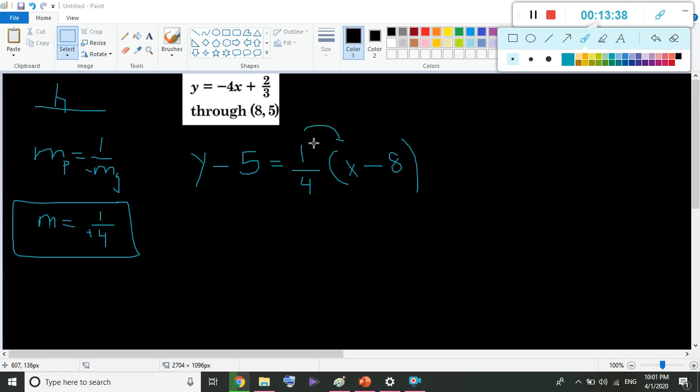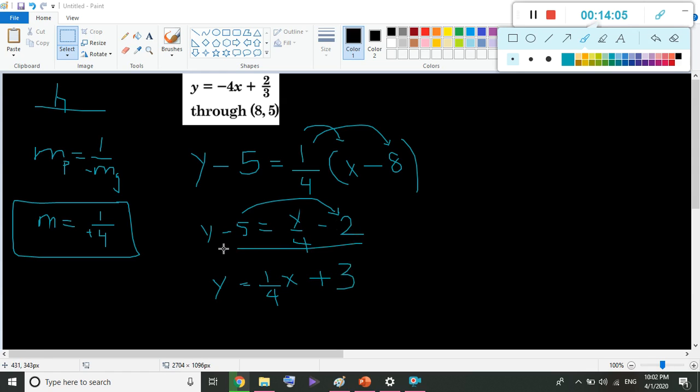So it's going to be y minus 5 equals x over 4. 8 divided by 4 is going to be 2. We're going to move this over there. Y equals x over 4, minus 2 plus 5, which is plus 3. This is the final equation that we have in the slope-intercept form.